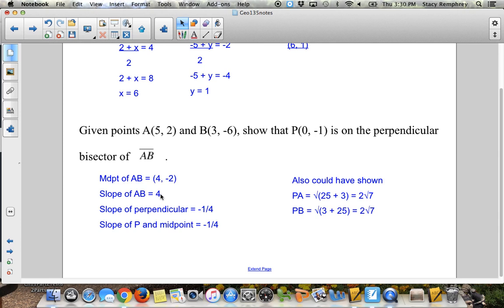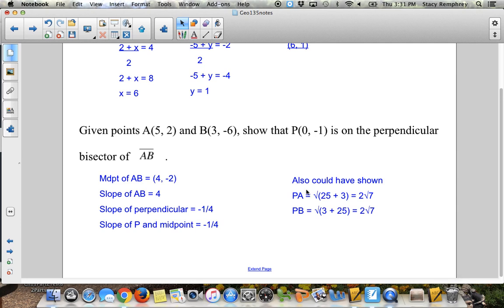We knew, therefore, because the slope of AB is 4, the slope of the perpendicular line had to be the opposite reciprocal, so it had to be -1/4. And then we checked the slope of P and the midpoint we found here, because it contains the midpoint, so we'd already be using the midpoint. If they have the correct slope, that -1/4, we knew it was on the perpendicular bisector, and that was true.